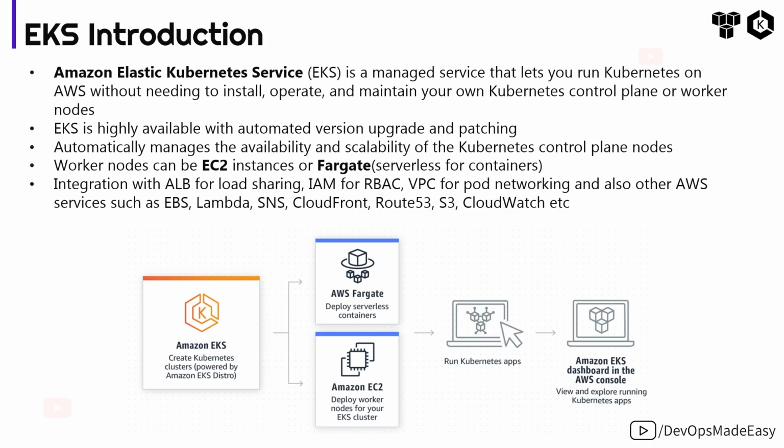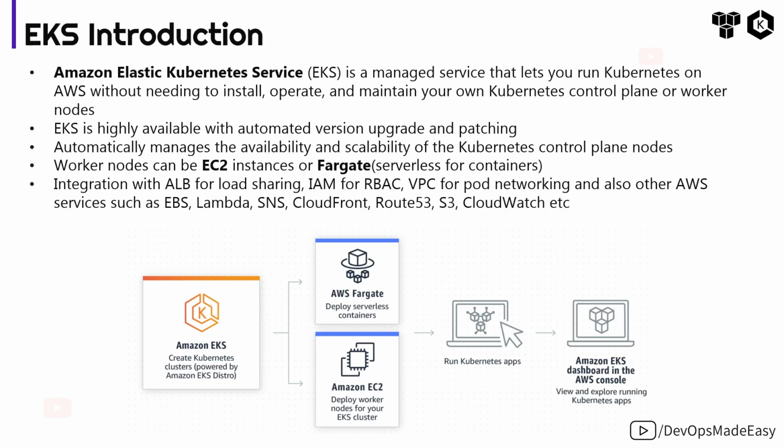Here EKS is highly available with automated version upgrade and patching. So you don't have to worry about doing any version upgrades or patching because AWS takes care of this for you. But in case of self-managed, we all know that we have to manage the version upgrades and patching activities. And also AWS takes care of automatically managing the availability and scaling of Kubernetes control plane nodes.